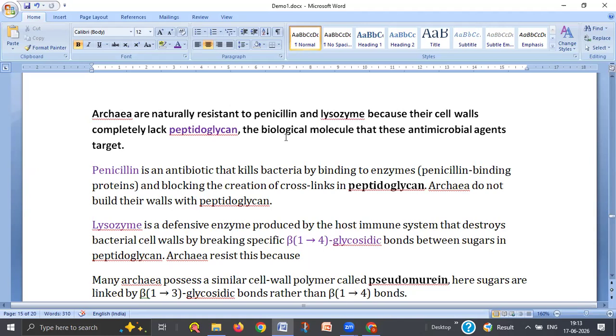These two are important. They are cross-linked. They form the peptidoglycan. So NAM and NAG are the components present in the peptidoglycan. But this peptidoglycan is absent in the archaea.